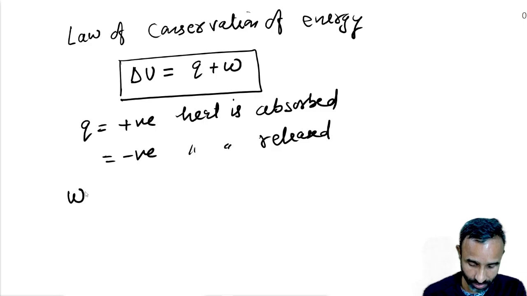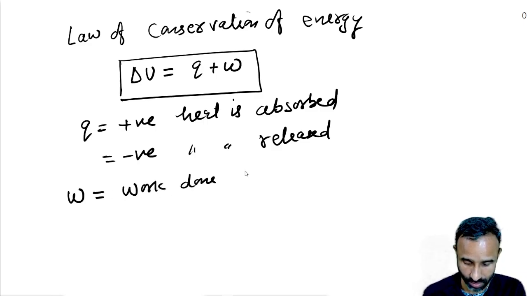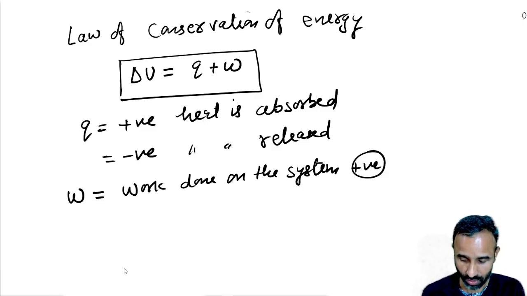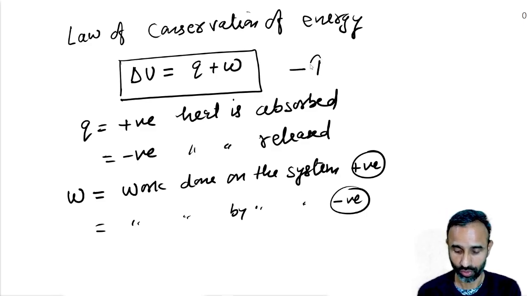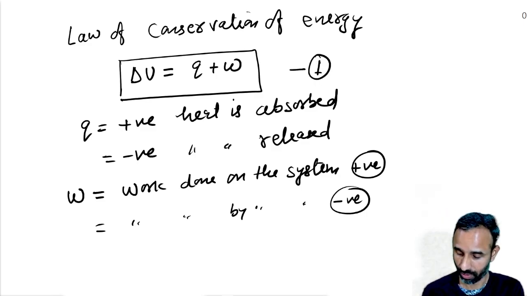W is work done. If work is done on the system, then it is positive, and if work is done by the system, then it is negative. So this is the first equation we have to keep in mind.